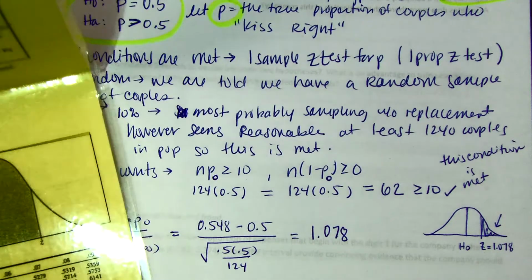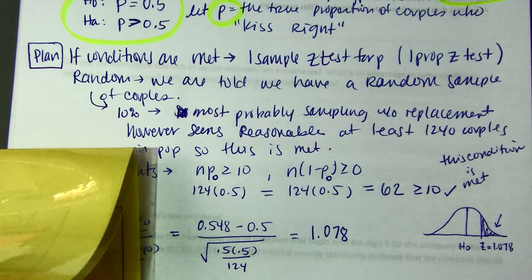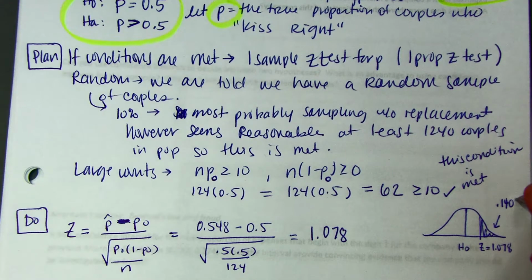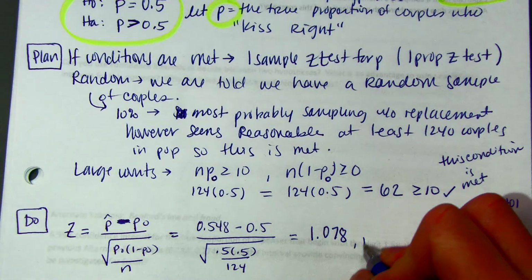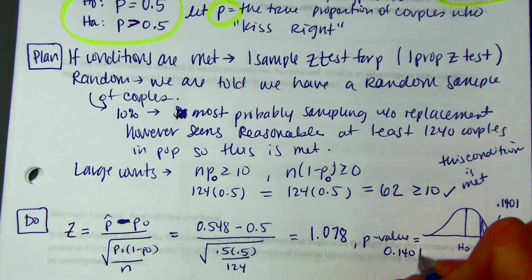Okay, going to the chart, I get a p-value of 0.1401. And you could use your calculator as well. So p-value equals 0.1401.